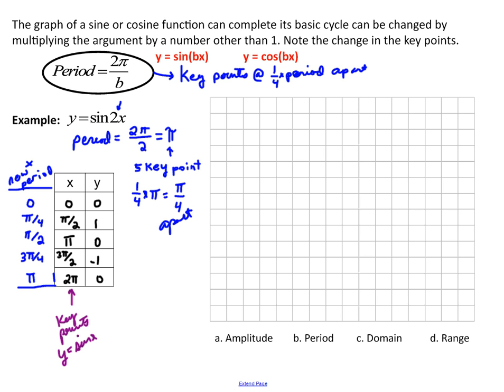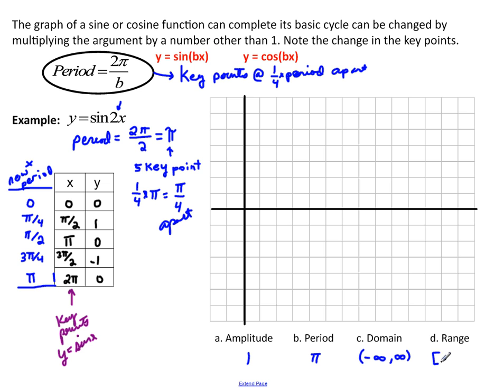So let's graph our function this time. We've changed the period, but our amplitude is still equal to 1 here. Our amplitude is 1. That part hasn't changed. This time our period has gone to pi. Our domain will still be all real numbers, and our range will be just like the original function, from -1 to +1.